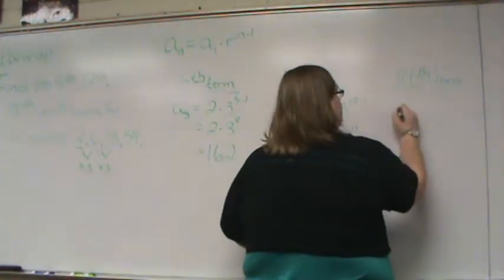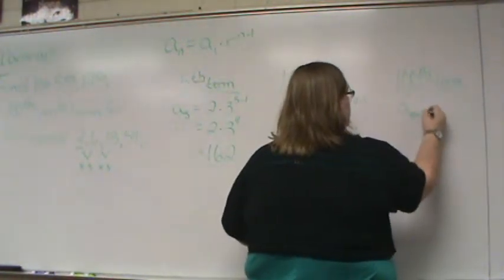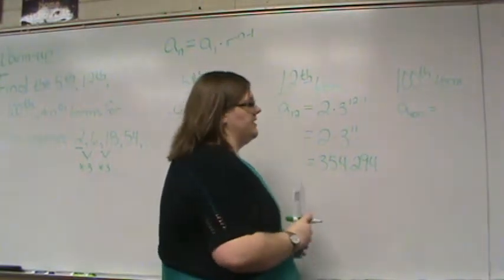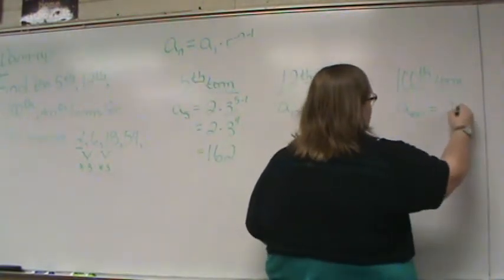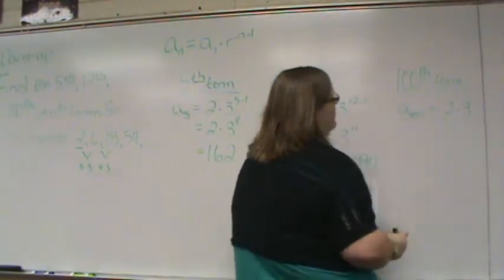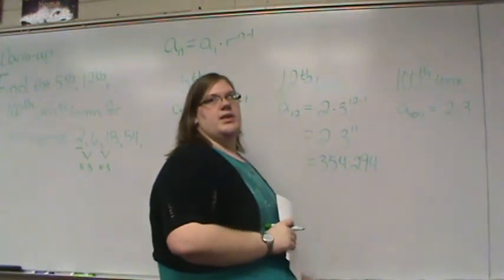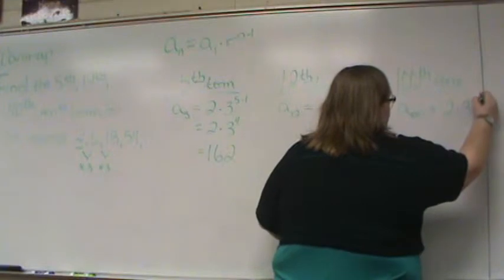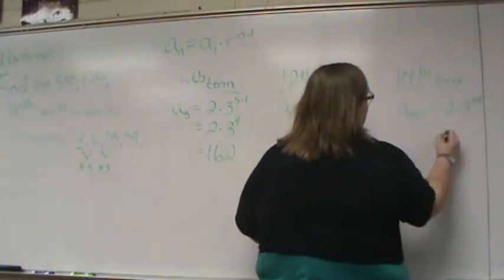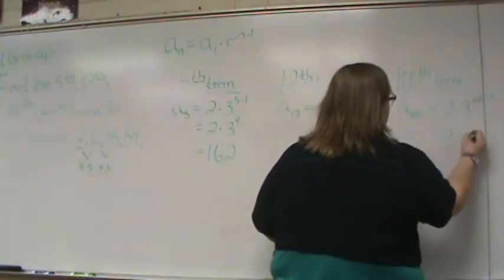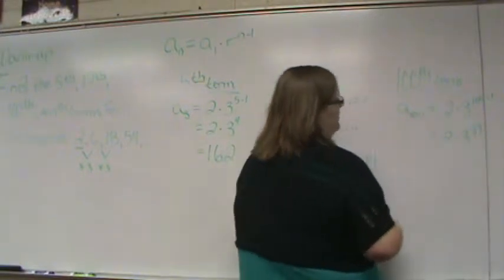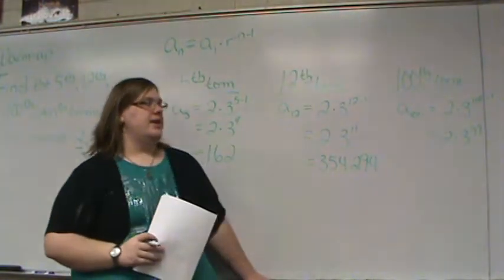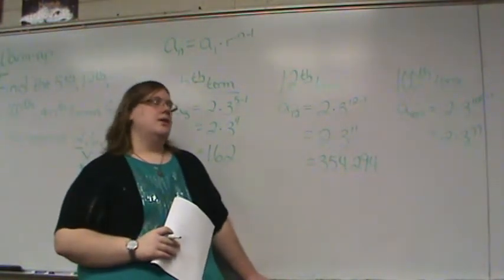So I have a sub 100 now, and I still have the same a1 value, the same r value. And then what's that n minus 1 this time? It's 100 minus 1. So this time we have 2 times 3 to the 99th. So again, you're going to take 3 to the 99th and multiply by 2.